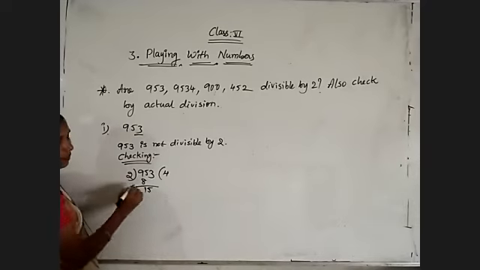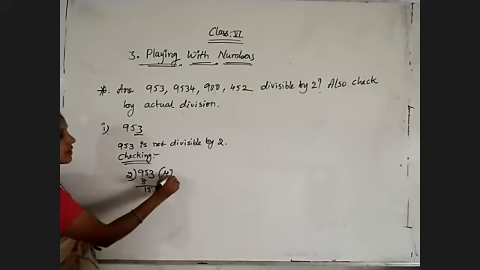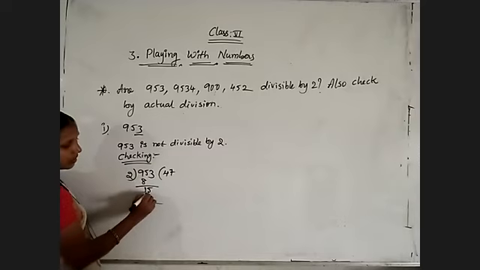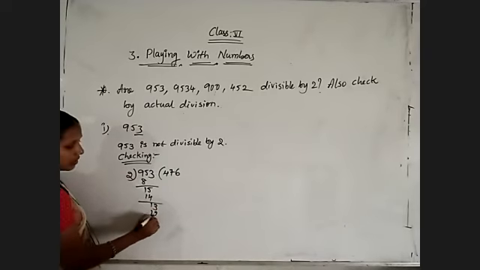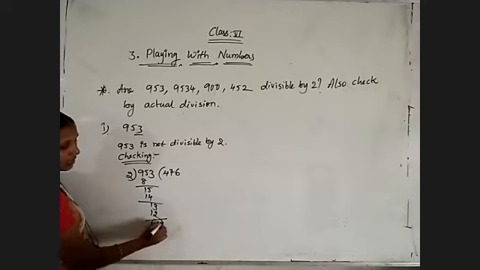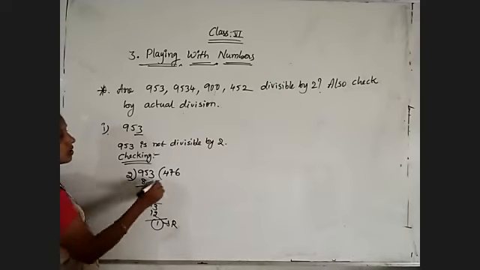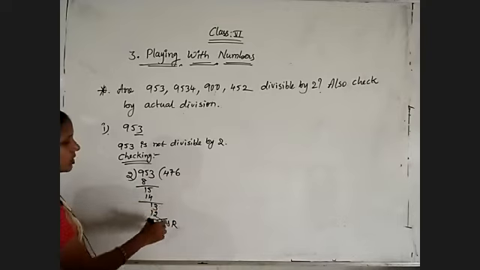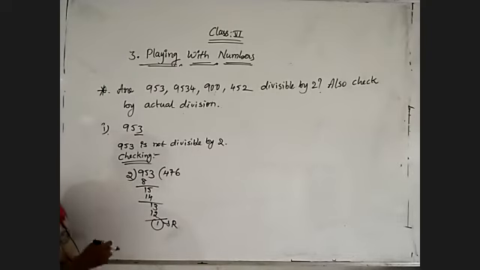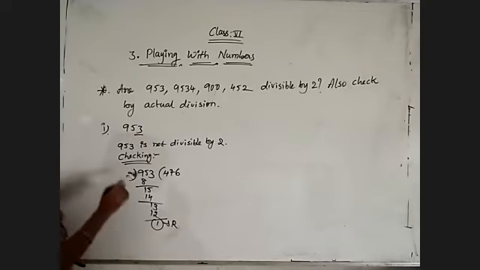And 5, 15. So 2 7s are 14. 1 is the remainder and 3 is there. 2 6s are 12. 1 we got as the remainder. So the remainder we got is 1. We did not get 0. So 953 is not divisible by 2. We have checked with the actual division also.